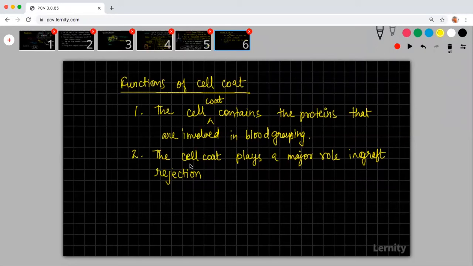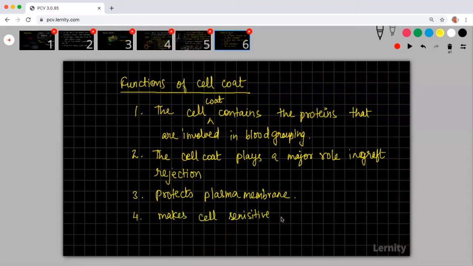And then the third thing, it protects the plasma membrane. And the fourth thing, it makes the cells sensitive to foreign bodies.